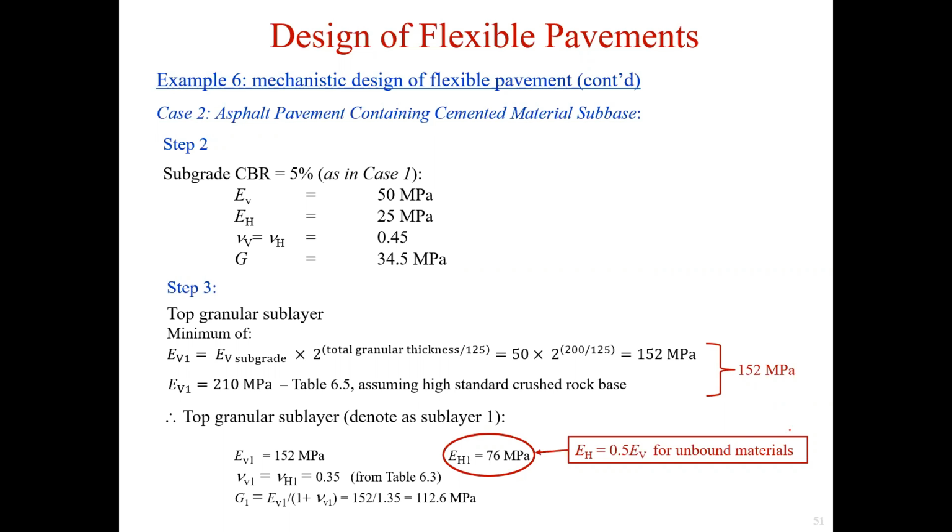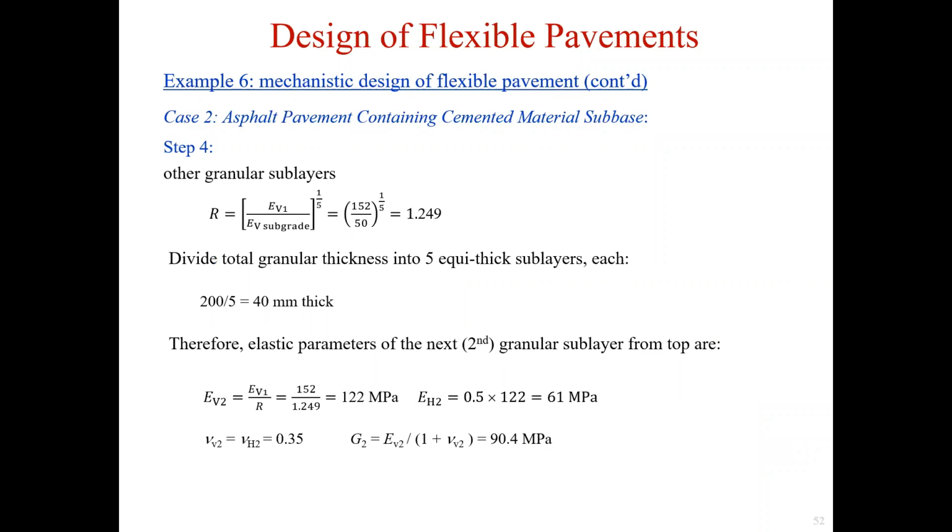So therefore, the top granular sublayer, the EV1 is 152 megapascal. All the other elastic properties could be worked out accordingly, because we already practiced multiple times. So I won't go into more details here.